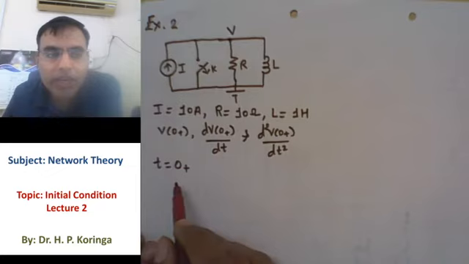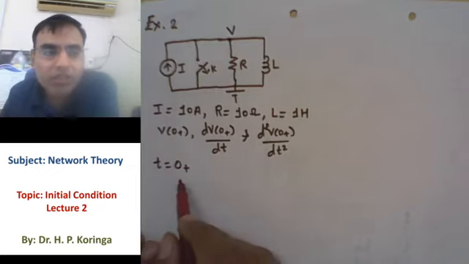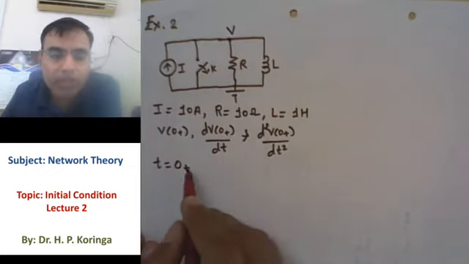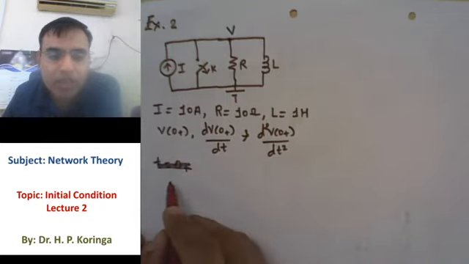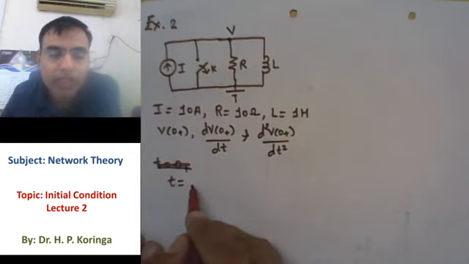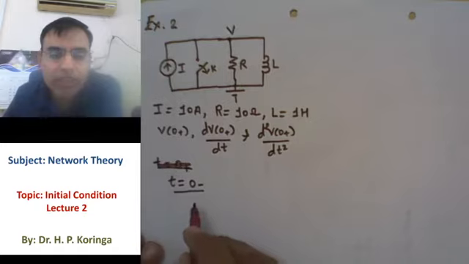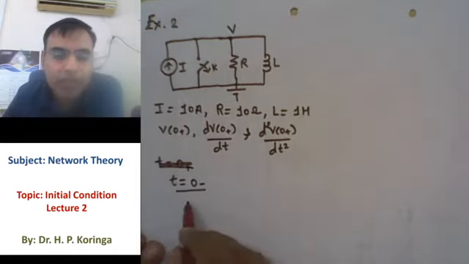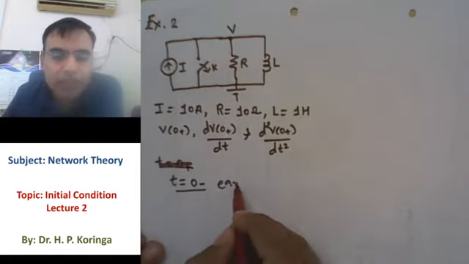So we cannot directly draw its t equal to 0 plus circuit. Before that we should know whether the inductor or capacitor is charged or uncharged. That can be found by drawing the network at t equal to 0 minus time. So let me draw the t equal to 0 minus equivalent circuit.